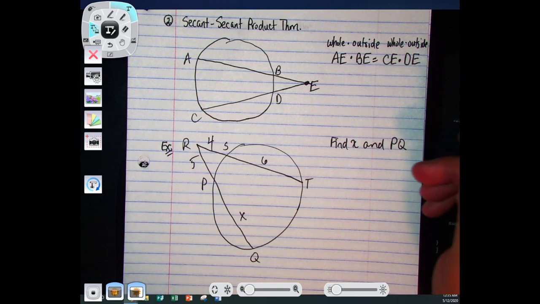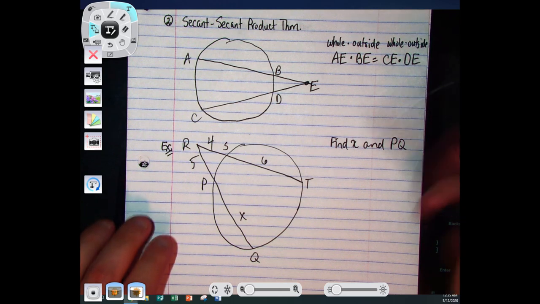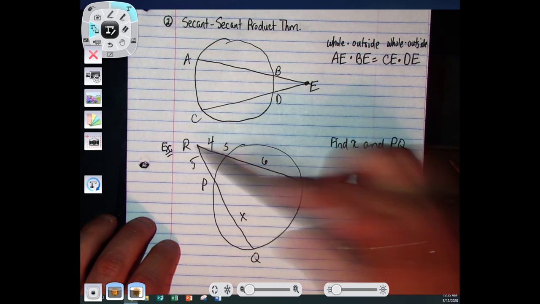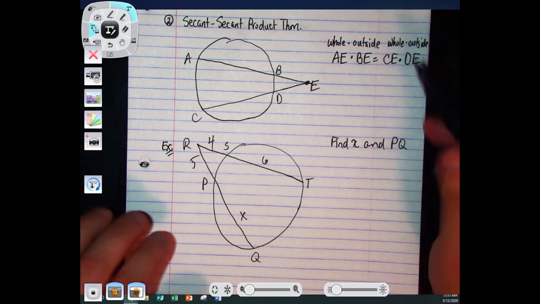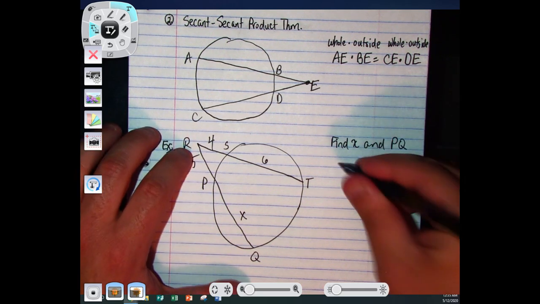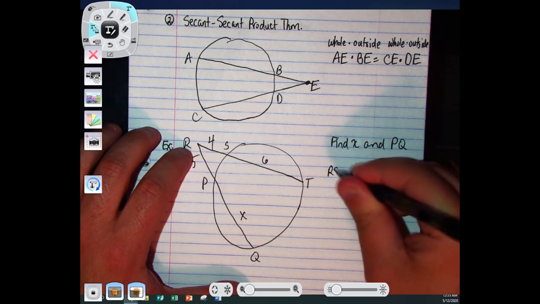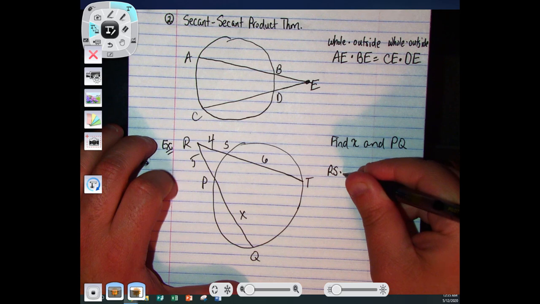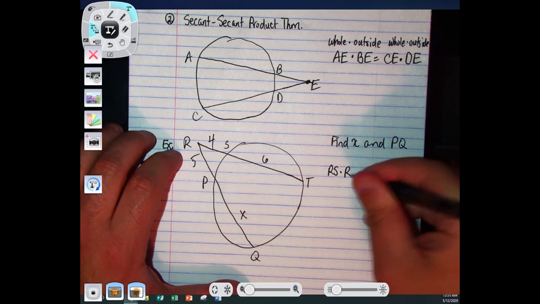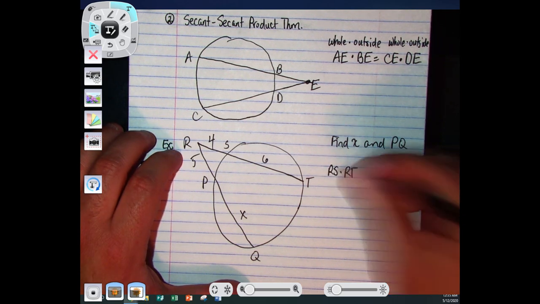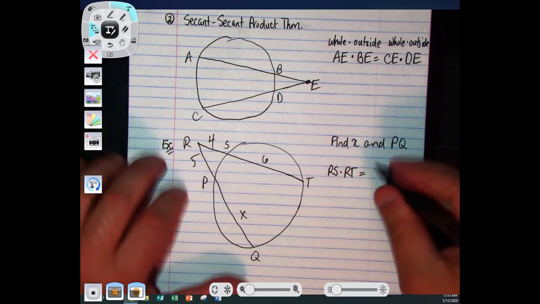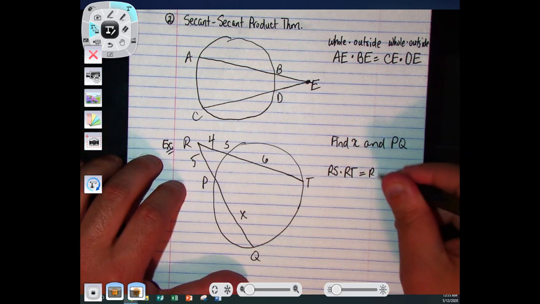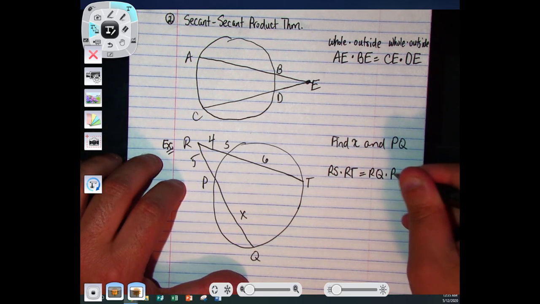In order to do that, these are two secants. They intersect outside the circle, so I can use secant-secant. We can say that RS times RT, so the whole times the outside, is equal to RQ, the whole, times the outside, RP.